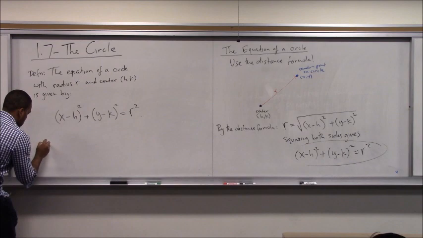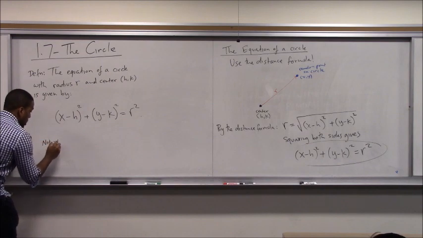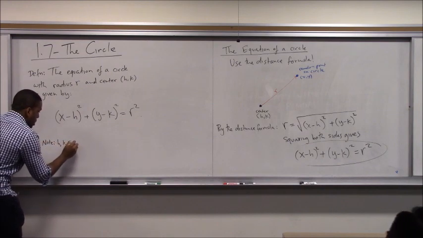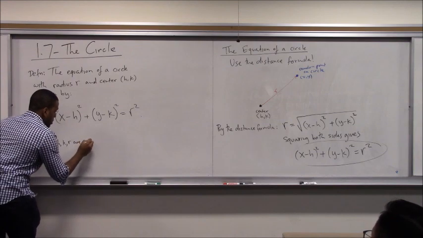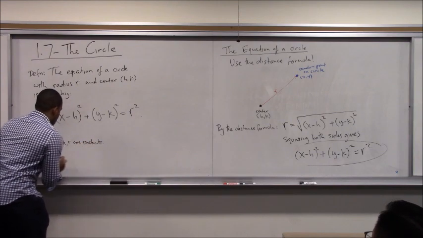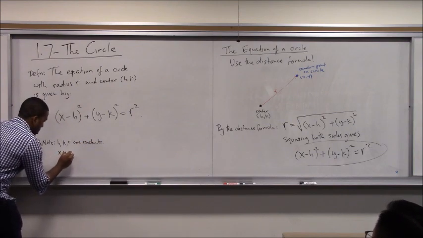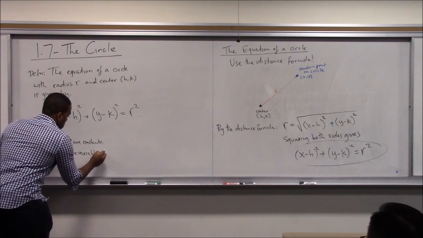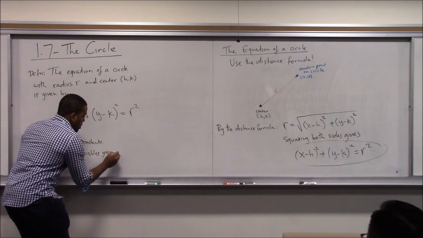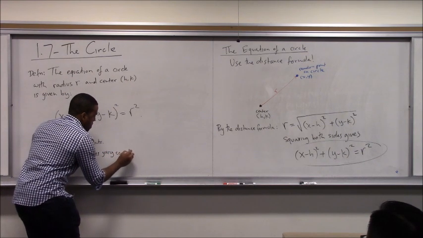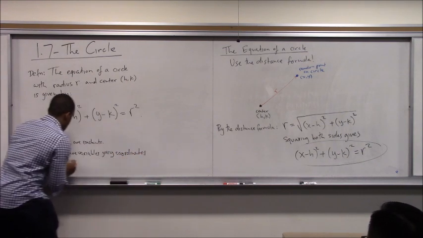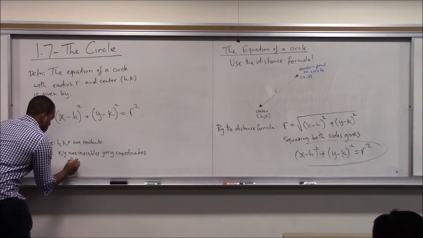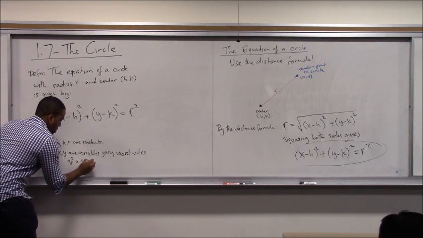I want you to note h, k, r are constants. x, y are variables giving coordinates on the circle.